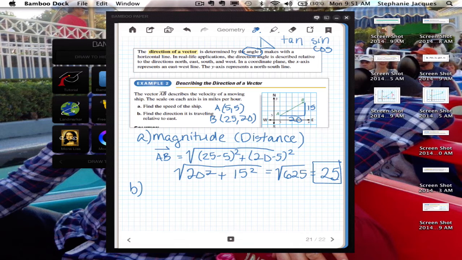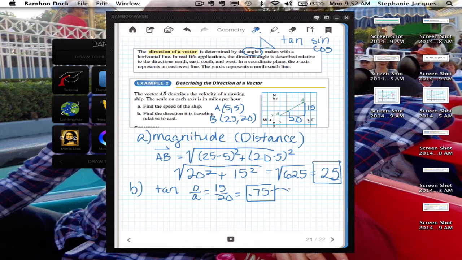And so I want to look at this angle here to find out the direction it's traveling relative to the east. And so I can use tangent. So if you look at tangent, remember that tangent is going to be opposite over adjacent. And so that's going to give me 15 over 20, which gives me 0.75. But that's not giving me the angle, that's giving me the tangent.